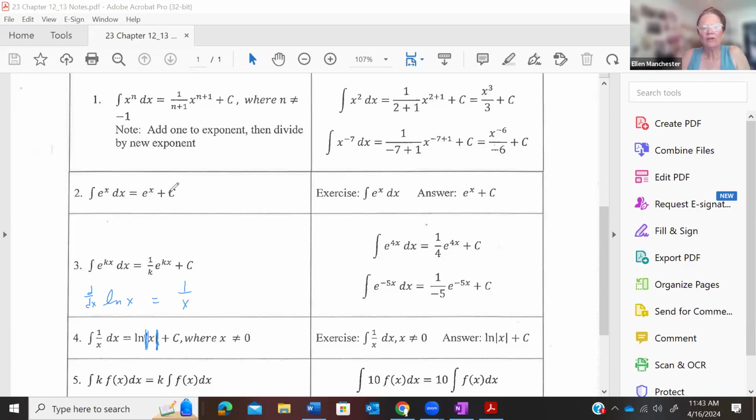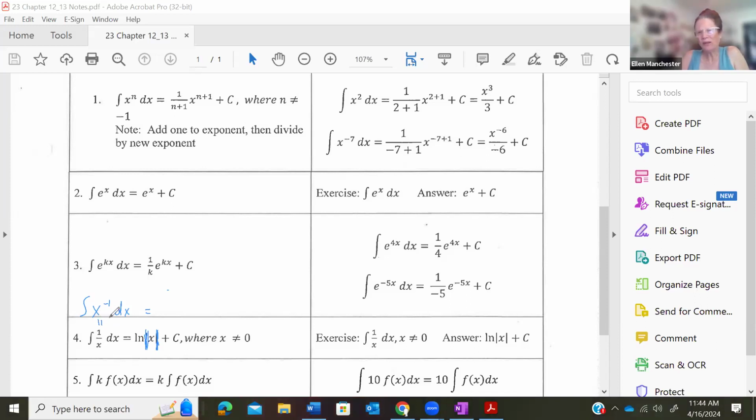Okay, now where this gets complicated, I mean, it's not super complicated, but where it can get a little bit frustrating is, what if you had this? The antiderivative of x to the negative 1. Well, x to the negative 1 is exactly the same thing as 1 over x.